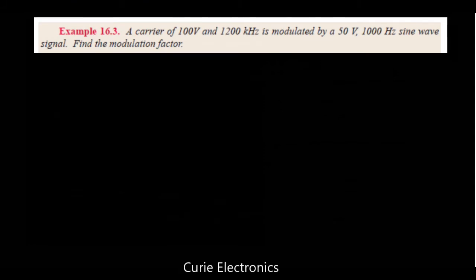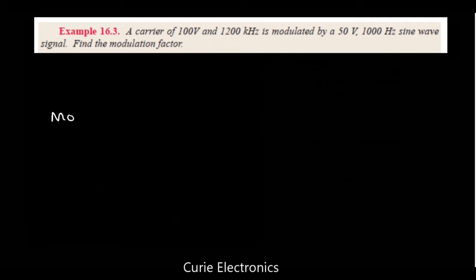Okay, one more simple problem. A carrier of 100 volt and 1200 kilohertz is modulated by a 50 volt 1000 hertz sine wave signal. Find the modulation factor.